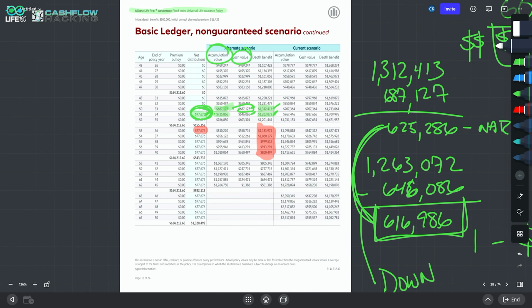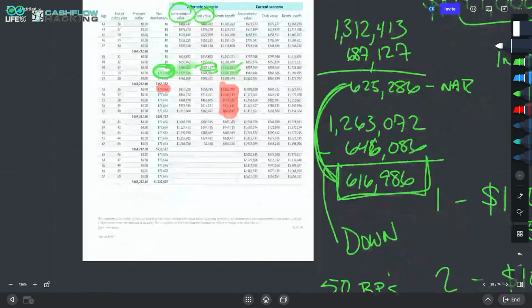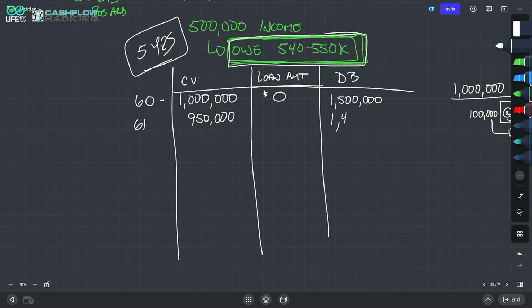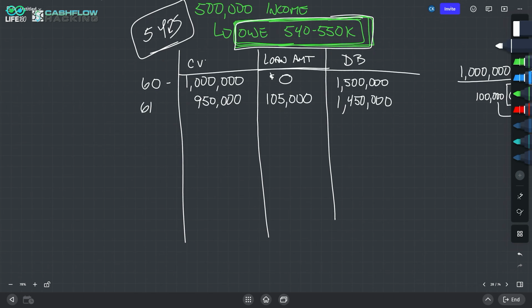The death benefit dropped by about what the cash value dropped. So let's just drop the death benefit to 1,450,000, right? And the loan amount here is going to be 105,000, because it's the loan amount plus the interest that you owed on it, if you took the loan at the beginning of the year. That's the way it works.